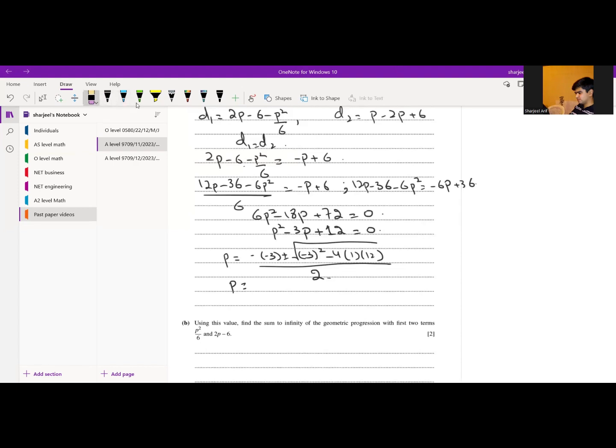So there's a little mistake here. We have 6 here because the denominator is 6. So when we take the LCM, it will become p square only. So just write p square, and we have to make factors of p square minus 18p plus 72. So just correct it.